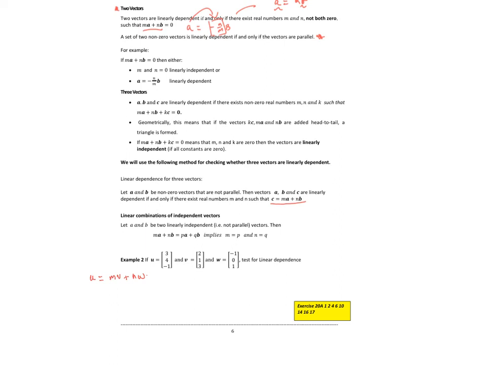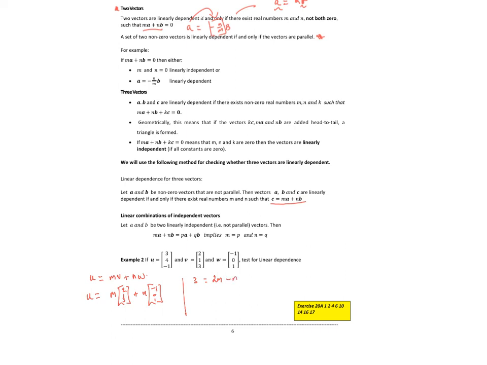And what we're going to do is, so I'm going to say u has to equal some m times v, which is 213, plus n times w, negative 101. So if I do that, u is 3, the first element, 3, equals m times the first element, which is 2m, plus n times the second element, which happens to be minus 1.